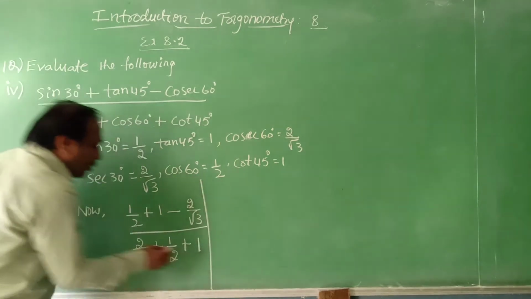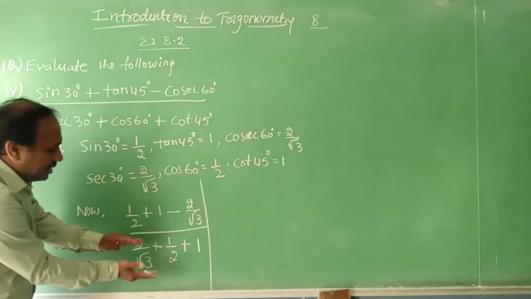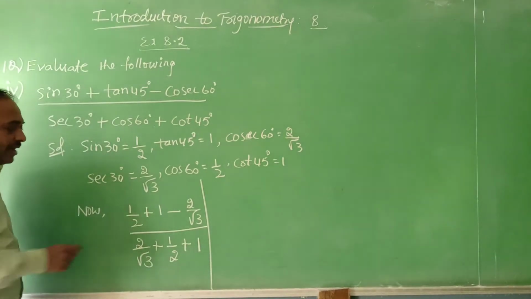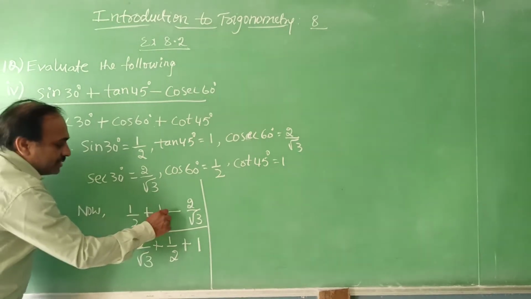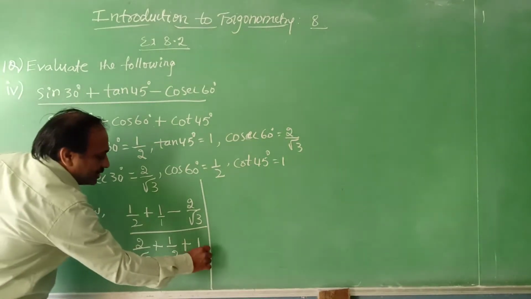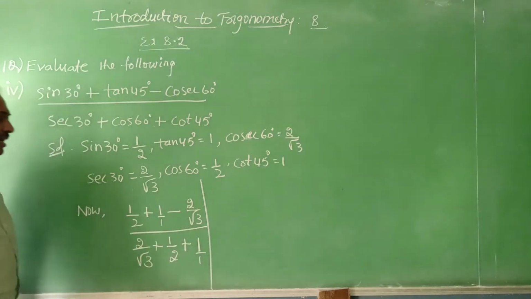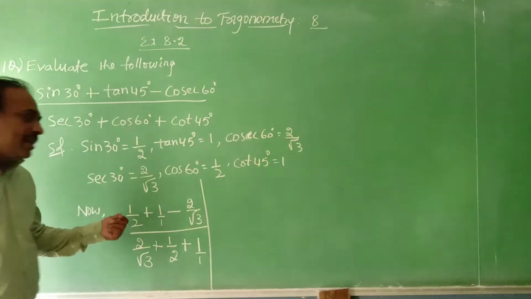Now here we have the numerator part and the denominator part. For these two you can write 1 as 1 by 1. First simplify the numerator part.